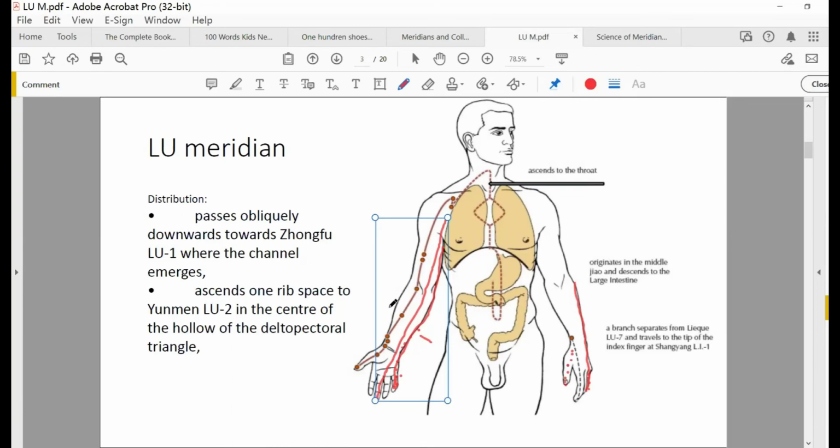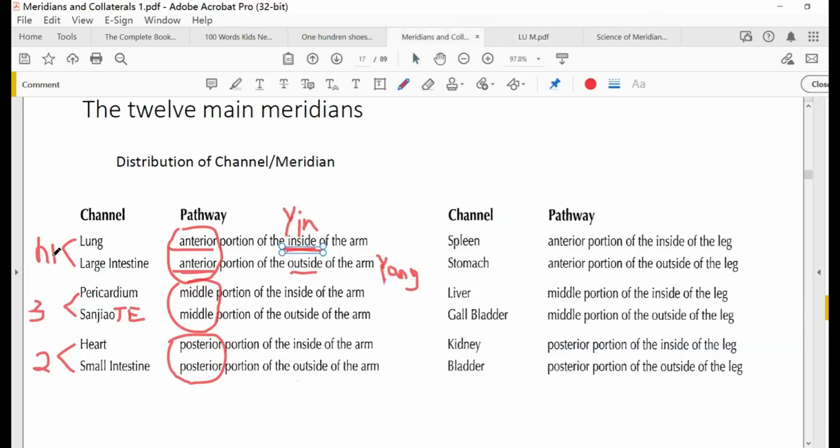Okay, anterior: the first circuit, lung and large intestine. Second one, posterior: heart and small intestine. And the third one, the middle: PC and TE.